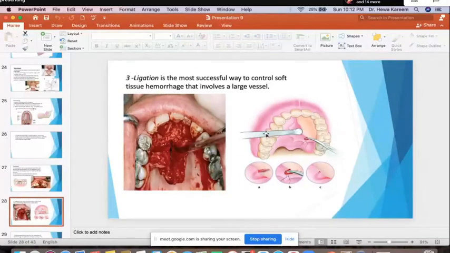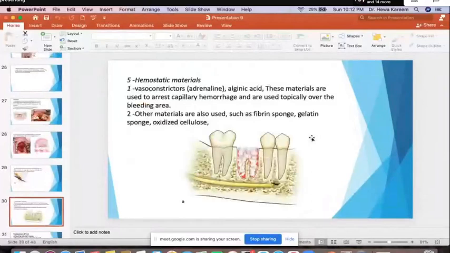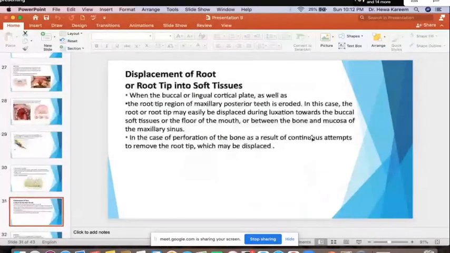Ligation means by suture: grasping the end of the blood vessel with forceps and suturing it. Electrocoagulation, hemostatic materials. So management of the bleeding is by compressing, suturing, ligation, electrocoagulation, and hemostatic materials.